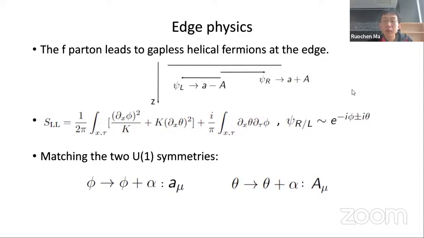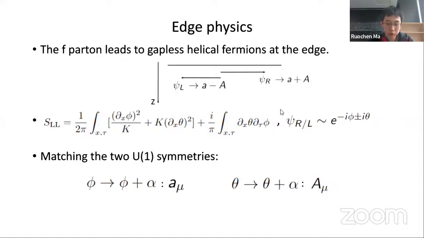And you can also match the operators. For example, here the left-moving and right-moving helical modes are identified with the vertex operators of the edge Luttinger liquid, as written here.